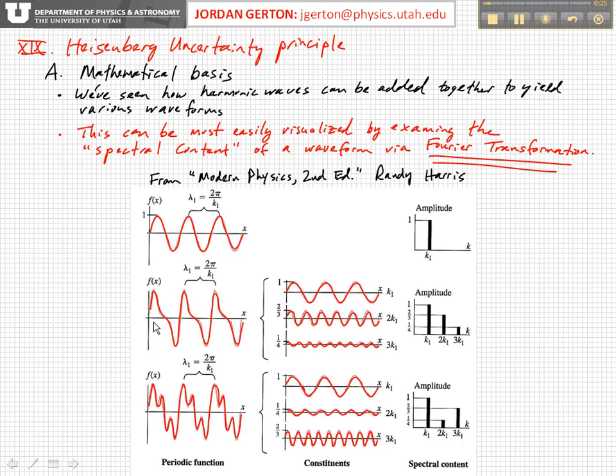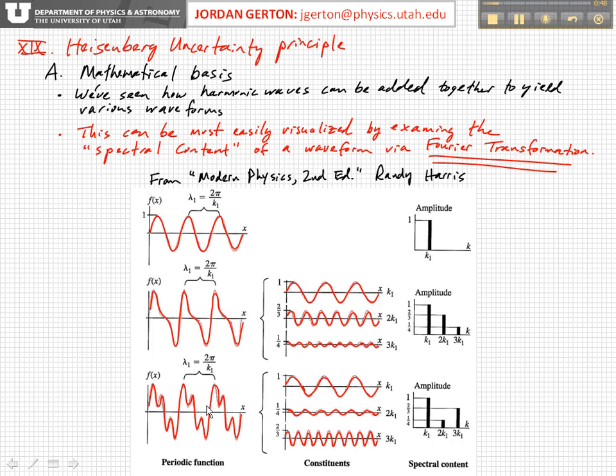Okay, so these two waveforms still repeat. It still repeats every 2 pi over k1, every lambda 1 wavelength. You have the same form, but we certainly have changed the waveform.